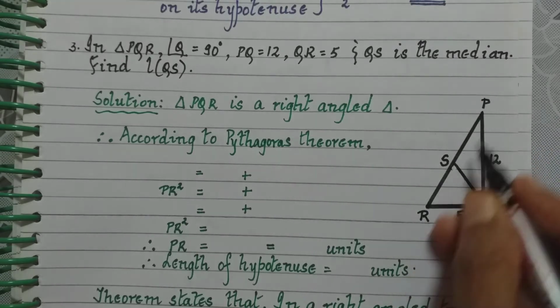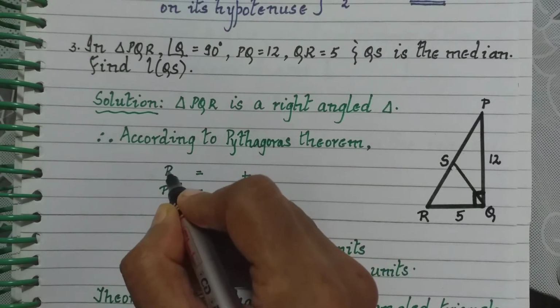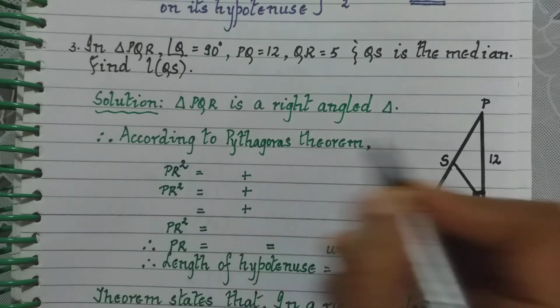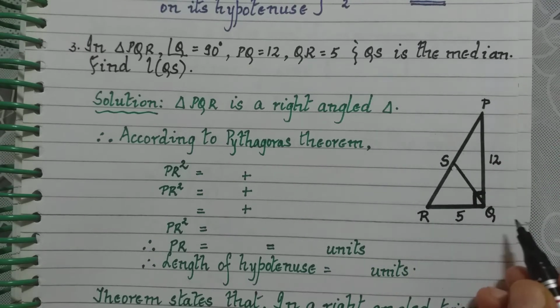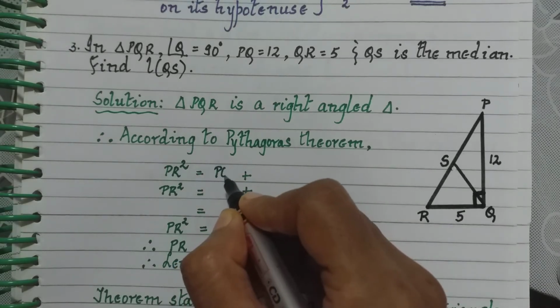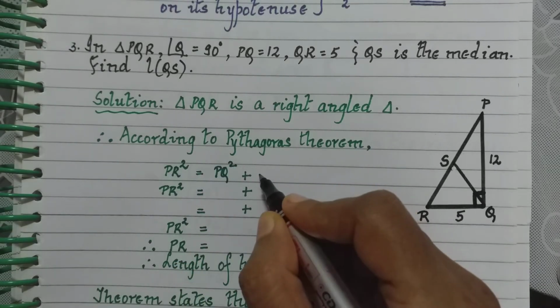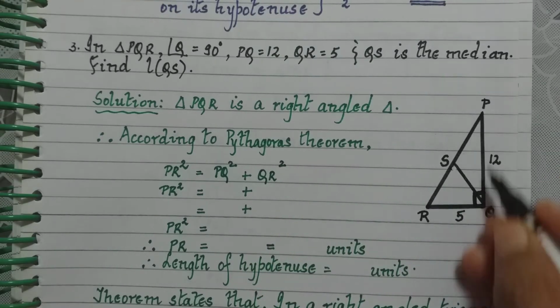Okay, hypotenuse is PR. So here we write PR square. The other two sides, one side is PQ, the other side is QR. So here I have PQ square plus QR square. What is PQ?